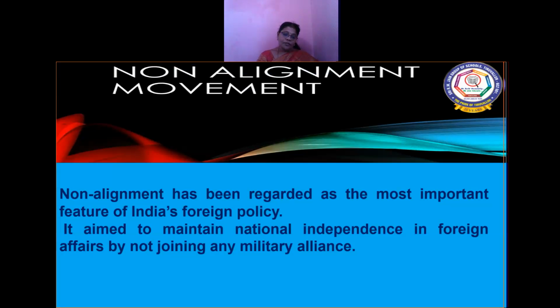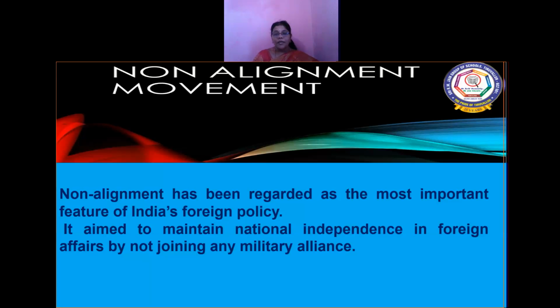Next, we are going to discuss non-alignment. The period from independence through the 1950s and 1960s constituted the most idealistic phase of India's foreign policy under the guidance of India's first Prime Minister Jawaharlal Nehru.